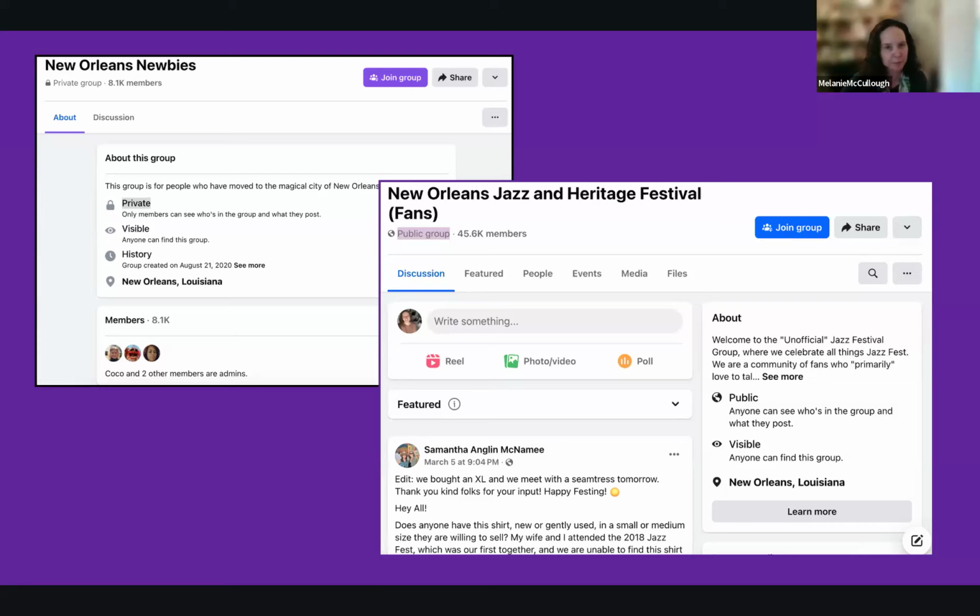And another thing with seeing people post, and this is just something I've seen in a couple of groups that I've been involved in: if you have some really active volunteers or committee members that you can ask to post, I've seen people organically start sharing a picture of their team and why they're involved, and that encourages others to do the same.